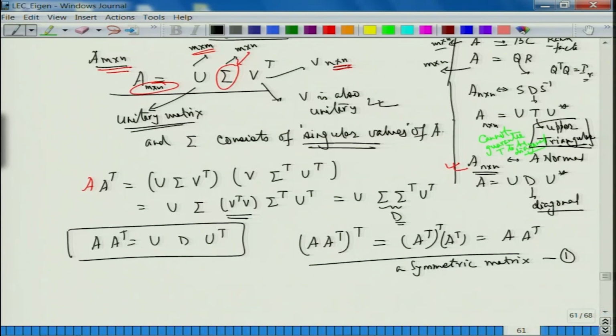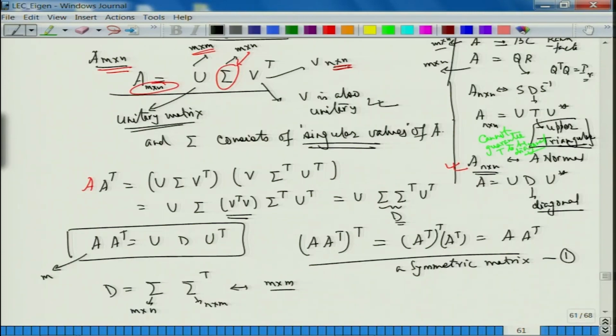Now, what is D? D is sigma times sigma transpose. And what is this? Sigma is of the size m cross n, this is n cross m. So, I am getting a matrix of size m cross m, fine. So, keep track of things.